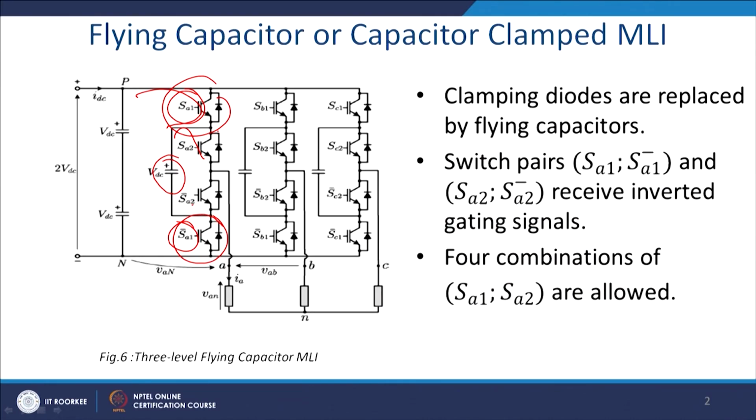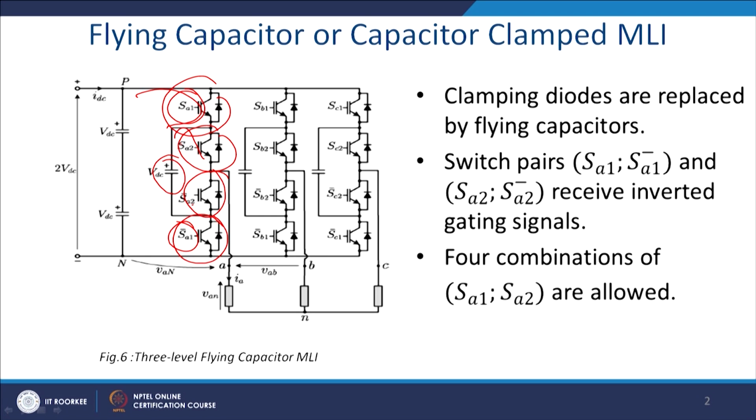So here this upper switch and the lower switch will be complementary, and this middle switch and this switch will be complementary, and we can have 4 combinations of the states.